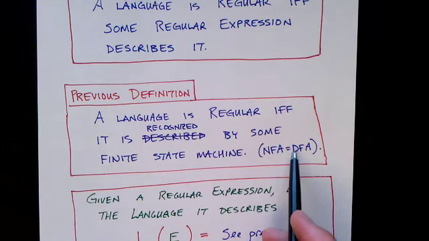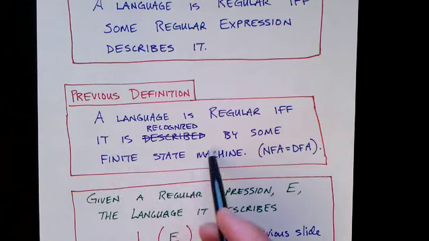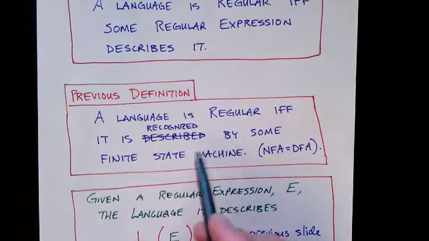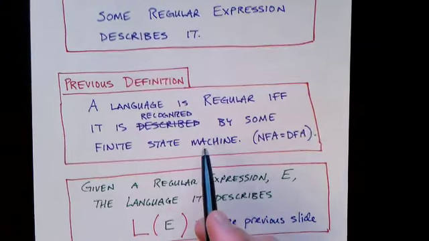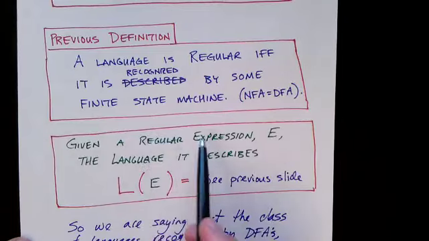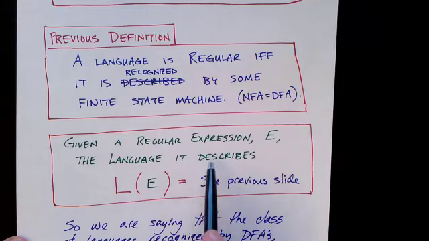And we have already shown that non-determinism and determinism are equivalent in their power, that it doesn't matter whether we've got a non-deterministic finite-state machine or a deterministic finite-state machine. A language is regular if and only if it is recognized by a finite-state machine of any sort. And now we've also defined regular expressions and the language that each regular expression describes.